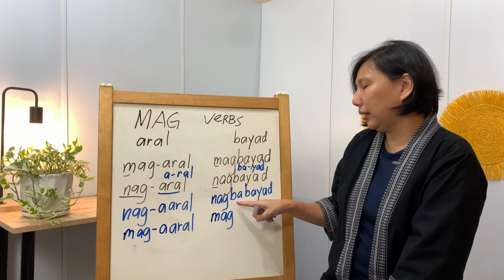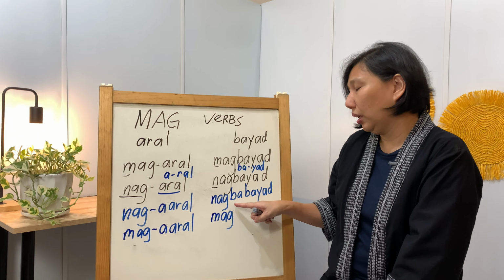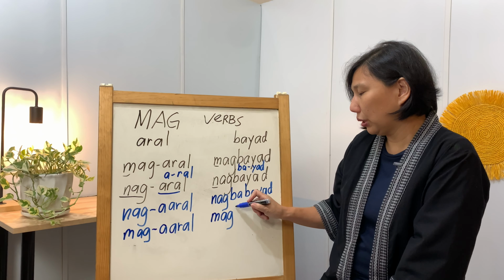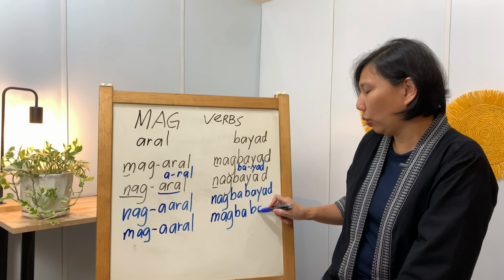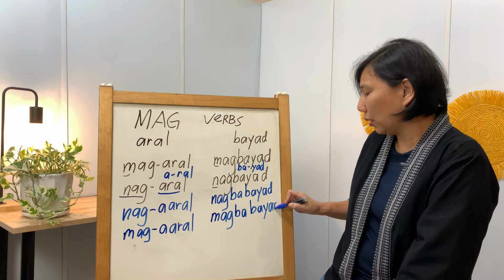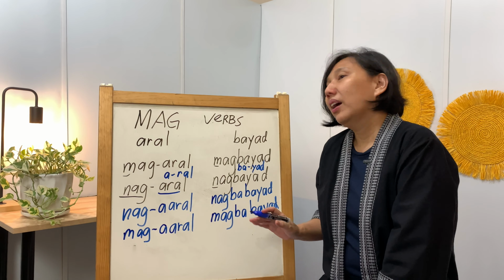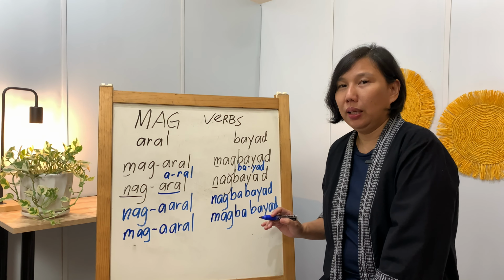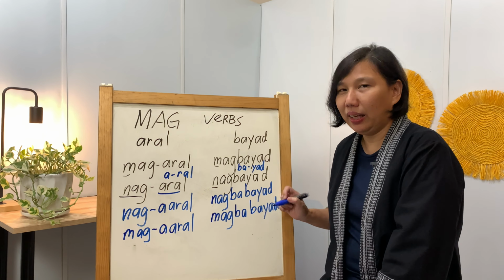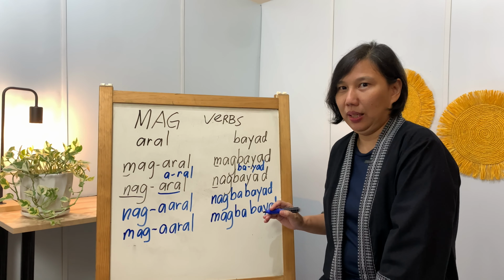We use the first syllable, and then we attach the whole root. So, magbabayad, will pay.